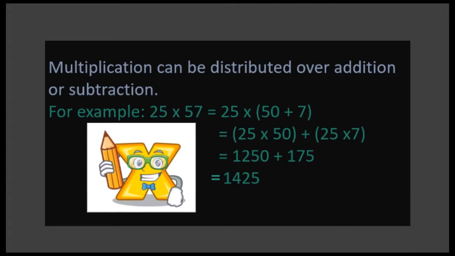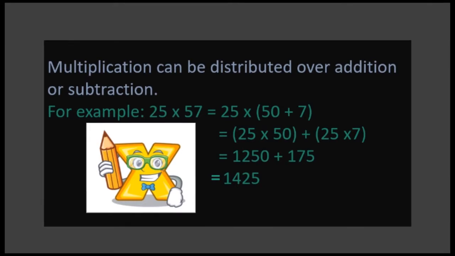To get the final answer, you need to add the two numbers: 1250 plus 175, you get the final answer as 1425.